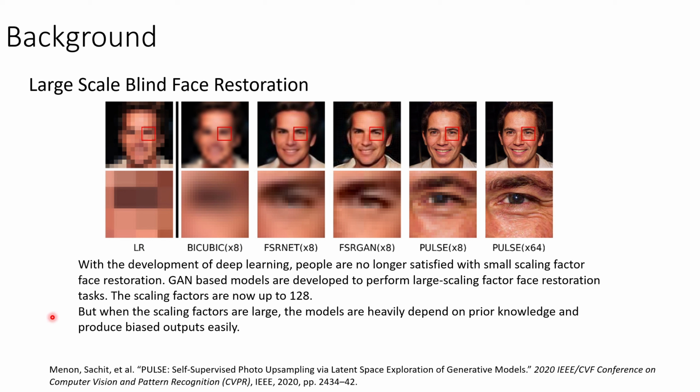But when the scaling factors are large, the models heavily depend on prior knowledge, and they produce biased output easily. So next I will introduce the bias problem as our motivation.